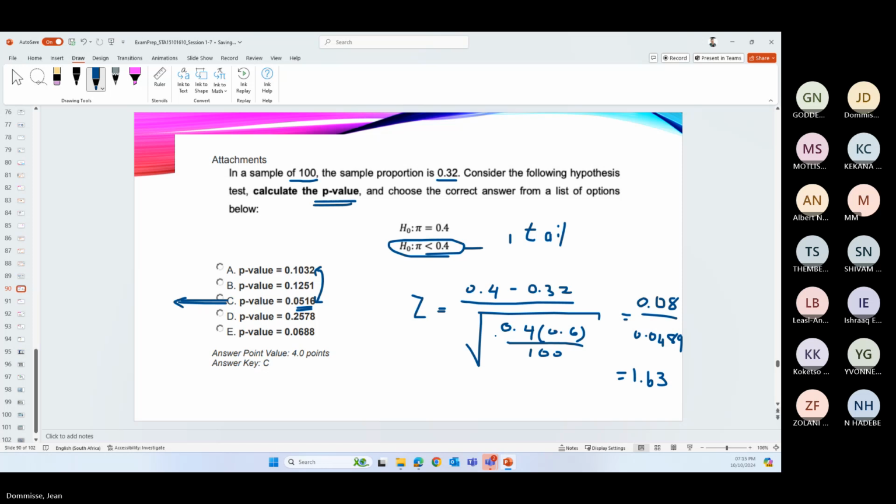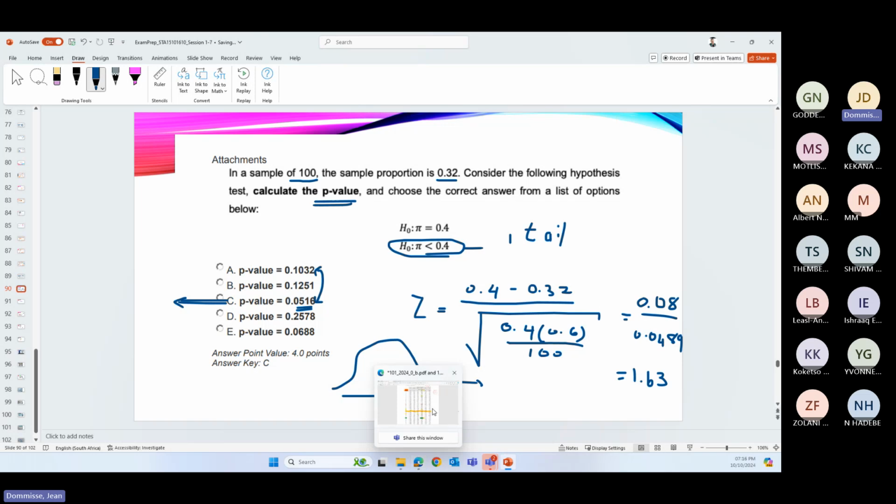Okay, so then this is interesting. I would have looked at 1.63, and I need to see the p-value. So let's hope 1.63 represents one of those two.